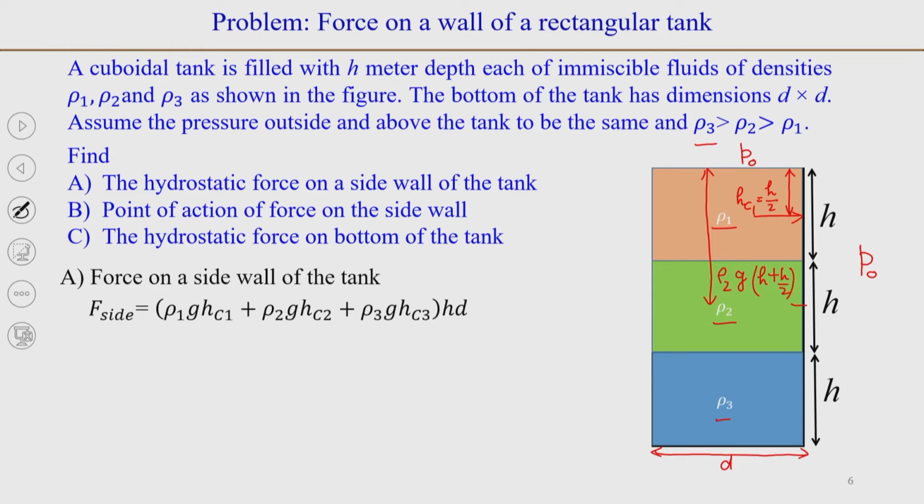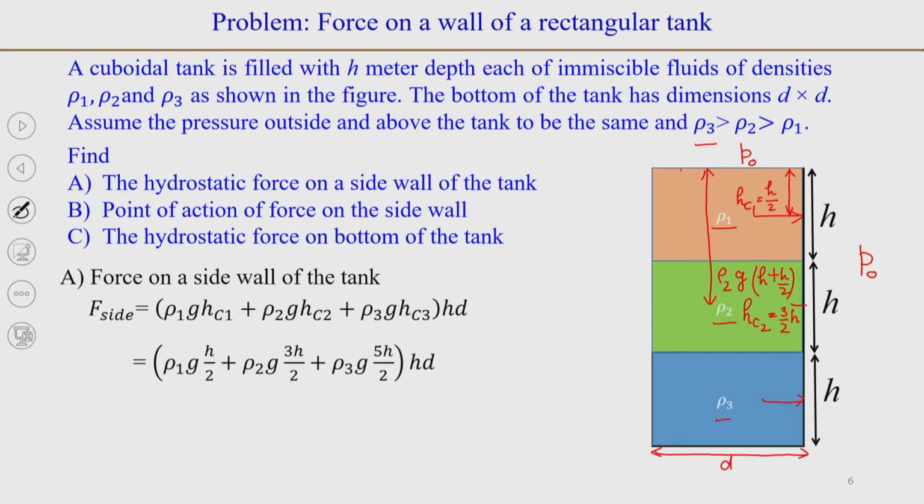So, H C 2 will be equal to 3 by 2 of h, and the force on the bottom column will be the pressure rho 3 g H C 3 into the area of that particular wall that is in touch with this column.